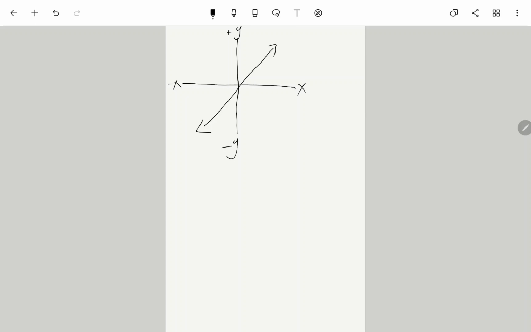Yes, it's a function, but why? Because if you put a line like this, and like this, you see it only touches one intercept in each line. So that one is a function.